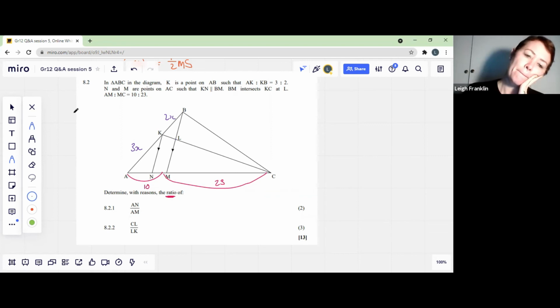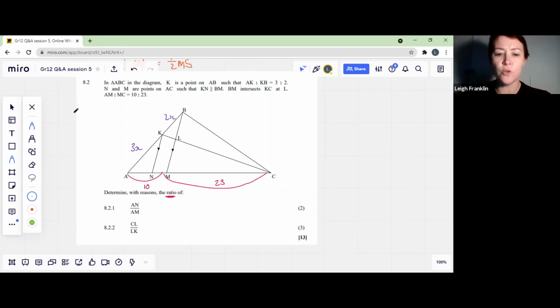So the trick to these questions is identifying in which triangle you are going to work. So in which triangle do you think they want us to work here, Matrix?